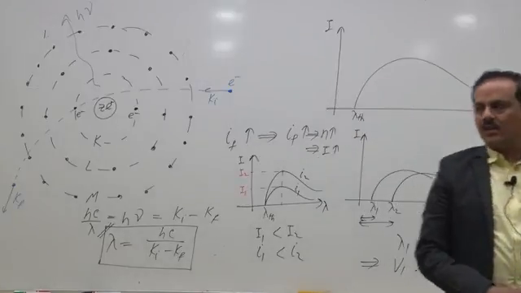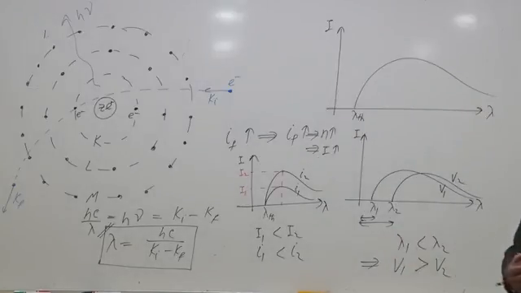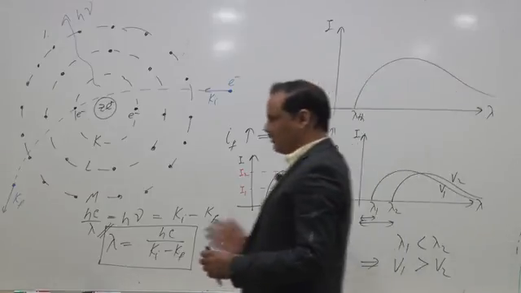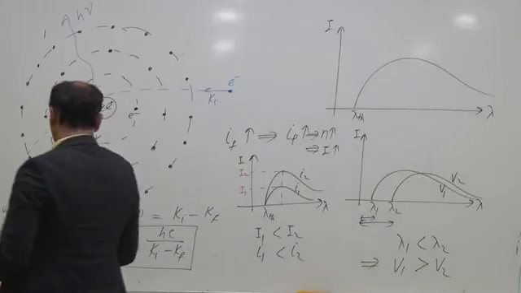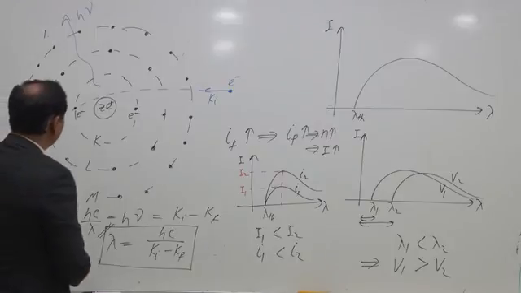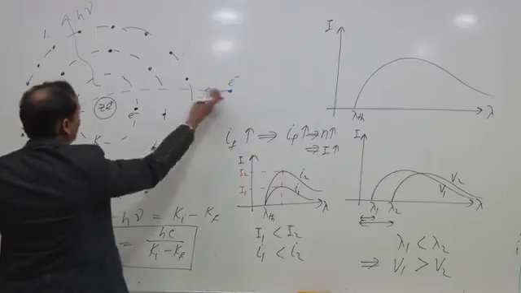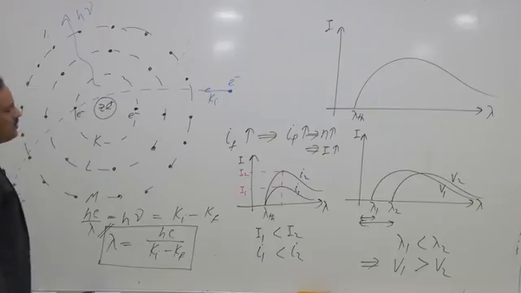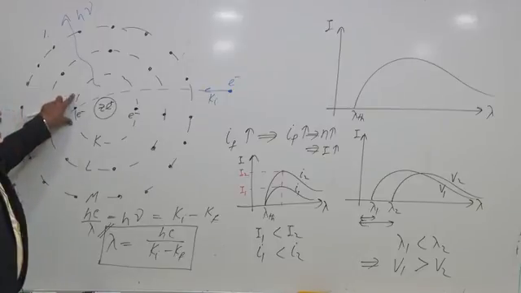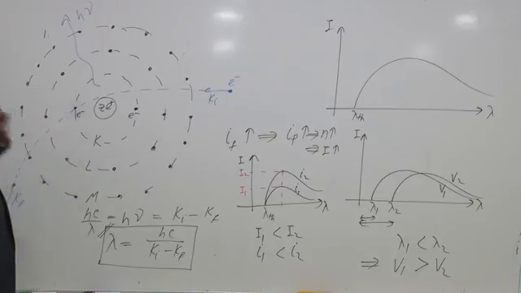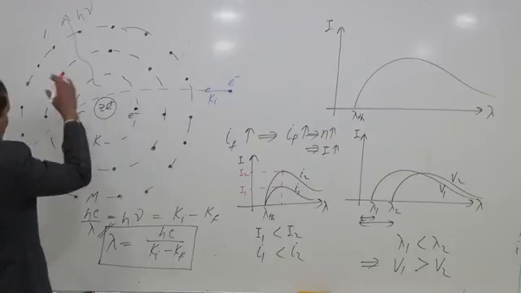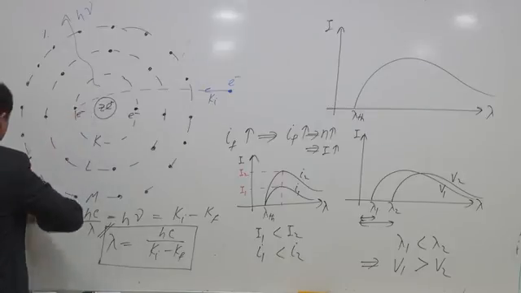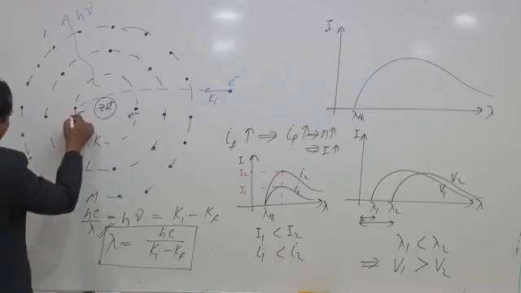Now, next we need to know about the characteristic X-ray. How are characteristic X-rays produced? Sometimes it happens that a bombarded electron passes very close to the orbital electrons, and when it passes close to an orbital electron, the bombarded electron goes out as well as the orbital electron.